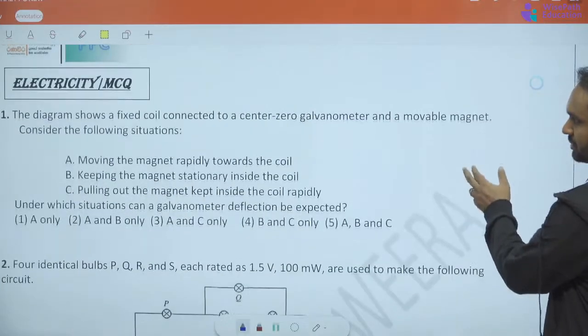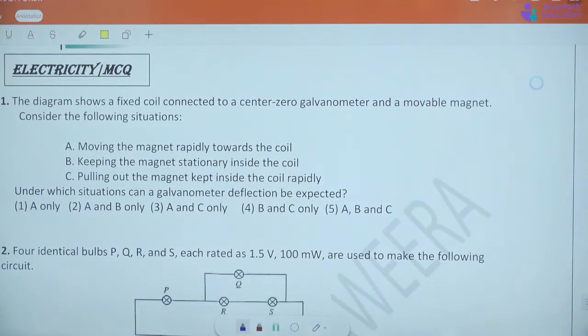Okay. This is electricity. Let's discuss this one.